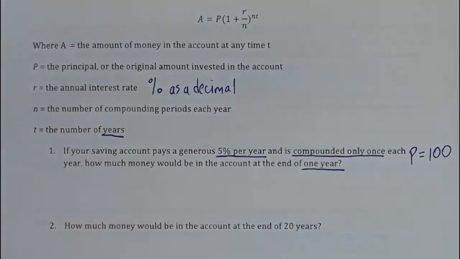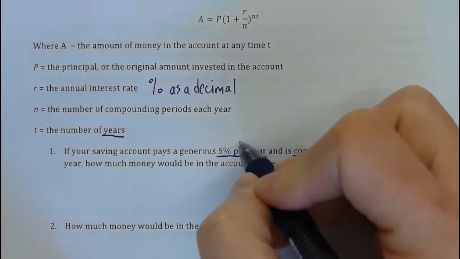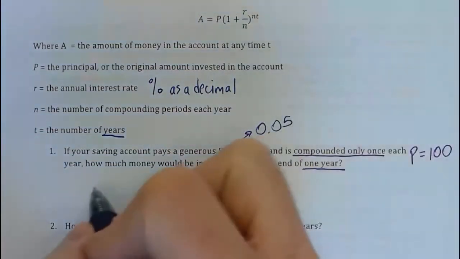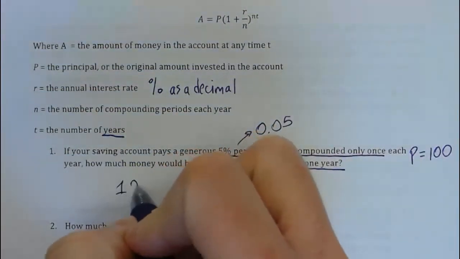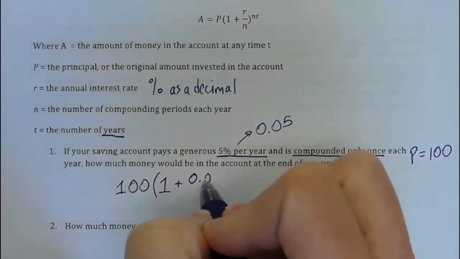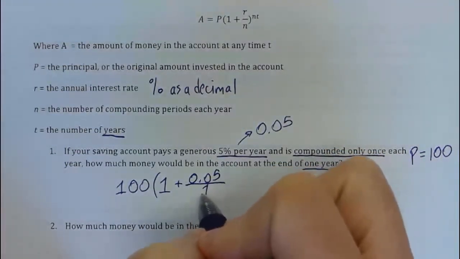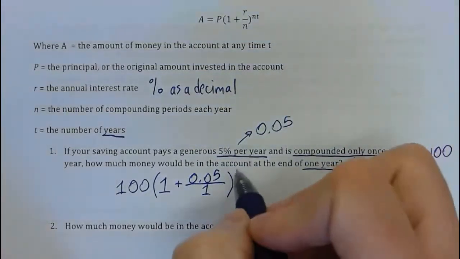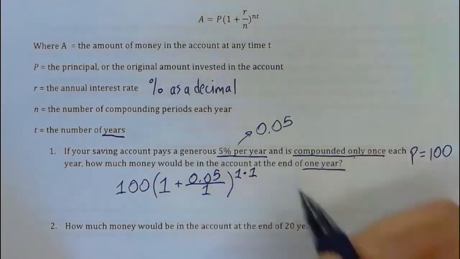Essentially what we need to do here is input everything into our formula. First thing you do is make 5% into a decimal, which is 0.05. So our formula, if we enter in all our numbers, would be 100 times 1 plus 0.05 annual interest divided only by 1 because it's one compounding period, and then we're raising it to the power of 1 times 1 year.